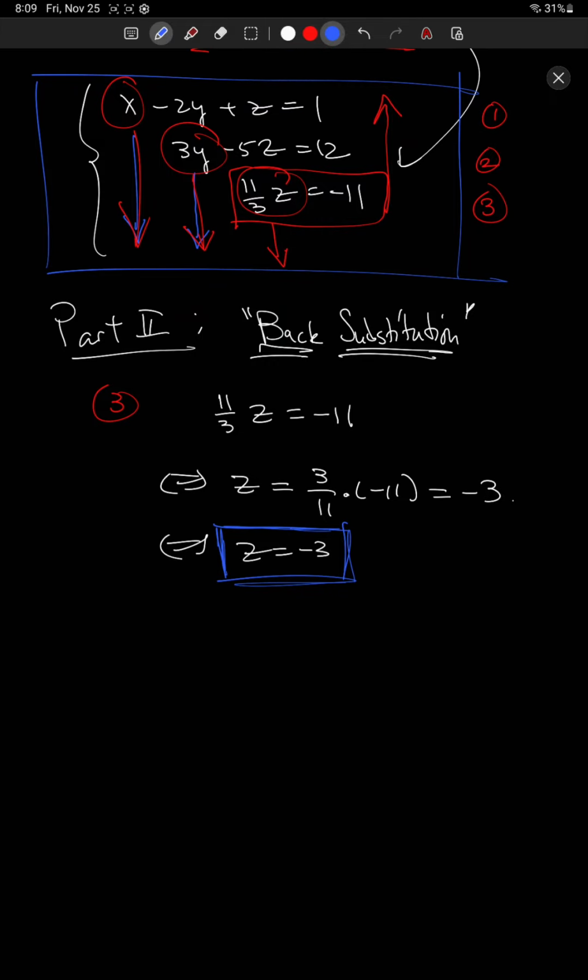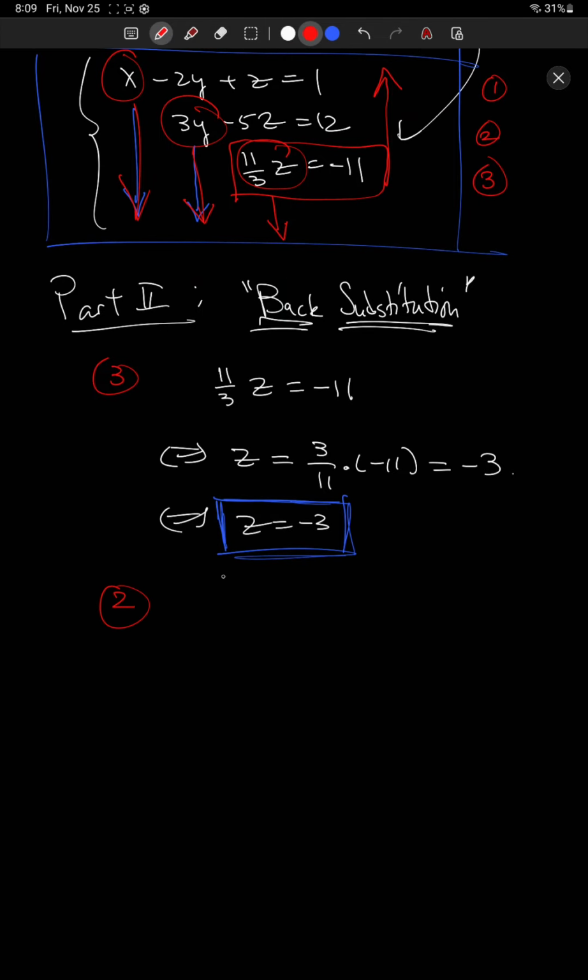Now we go to equation 2, again from the bottom up. The reason we go to equation 2 is that now that we have z equals minus 3, equation 2 only has y's and z's. So if we stick in the minus 3 for the z, then equation 2 will only have y's, and then we can solve for y. So 3y minus 5 times, and the z is minus 3, so minus 3 equals 12.